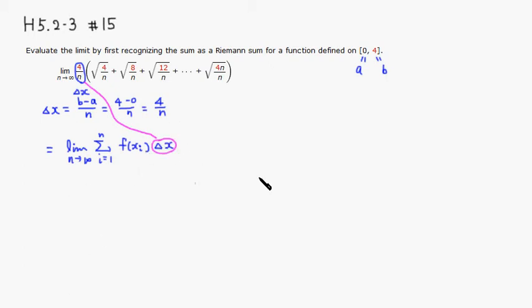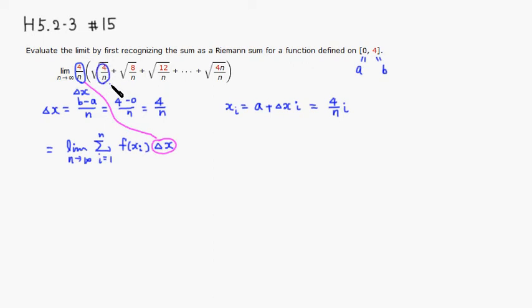Then x_i, remember, is simply a plus delta x times i, and in this case a is 0, so it's going to be delta x times i, which is 4 over n times i.